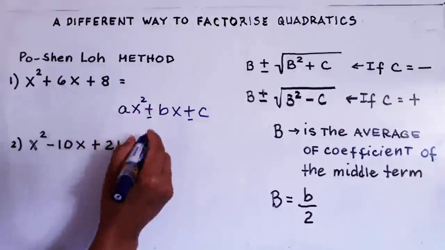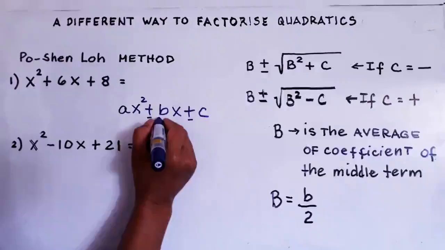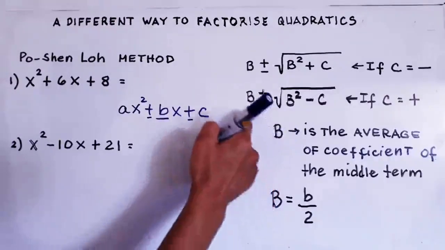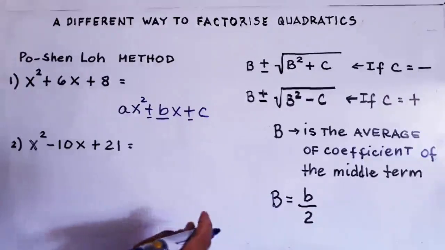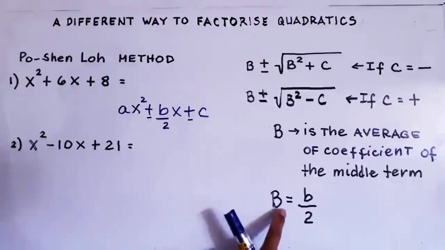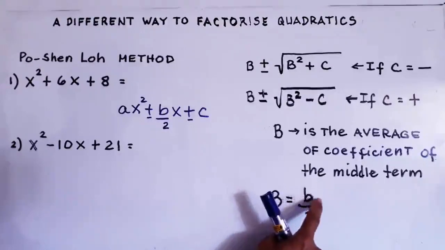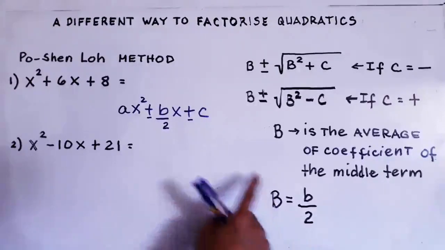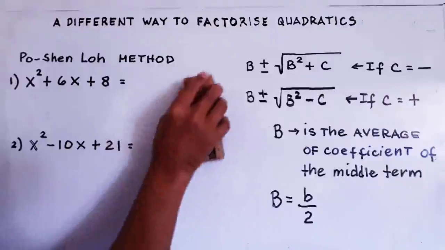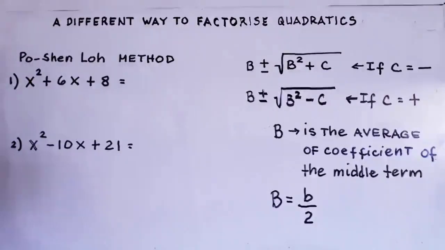Here we will just get the numerical coefficient of the middle term b, and you will see there that that one is capital B, and we are going to divide it by 2, where B is equal to b divided by 2. We include also the sign.